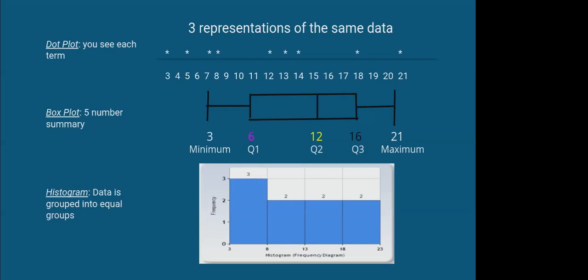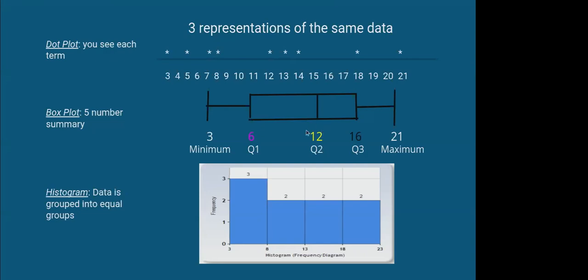Then we talked about a box plot. And remember, a box plot is a 5-number summary of the data. The ends are the minimum value and the maximum value, and the box is constructed from the medians.